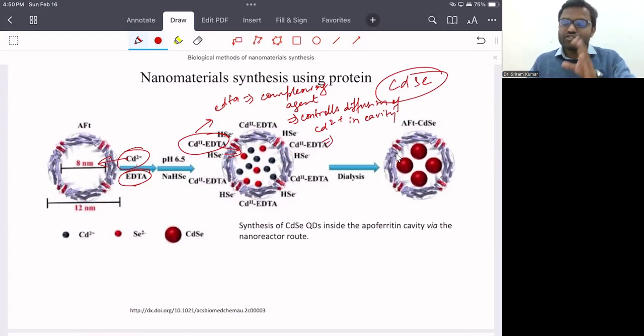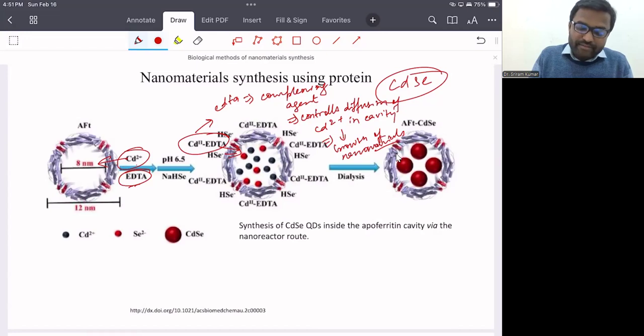And if we have control over the diffusion of the cadmium in the cavity, we can control the growth of nanomaterials. So that helps in the growth of nanomaterials. So these are the things happening in the presence of EDTA.